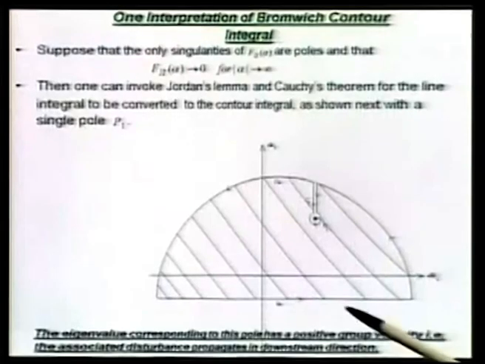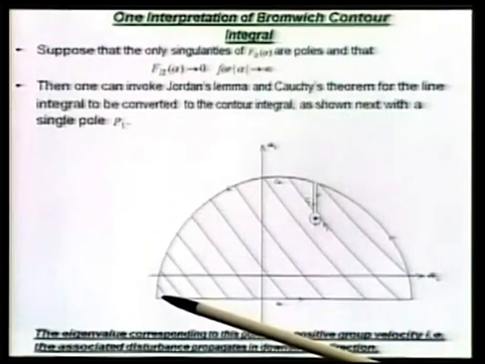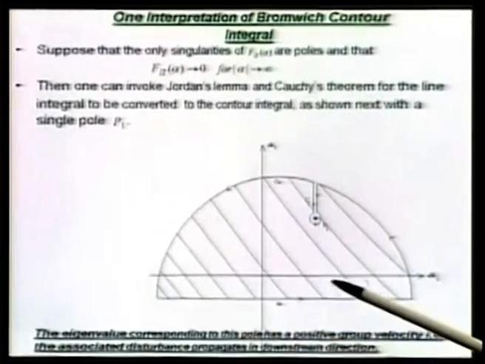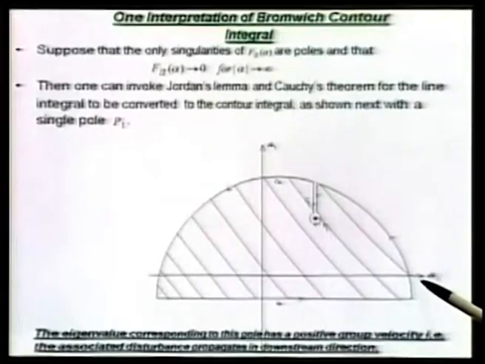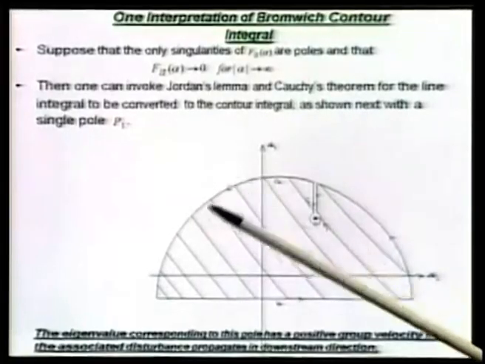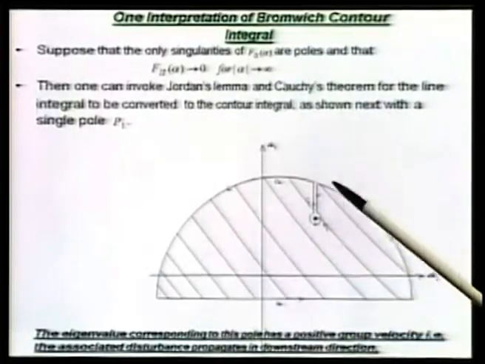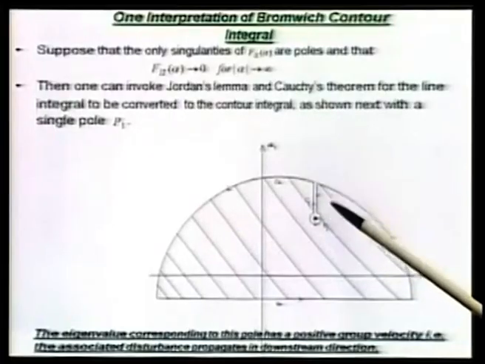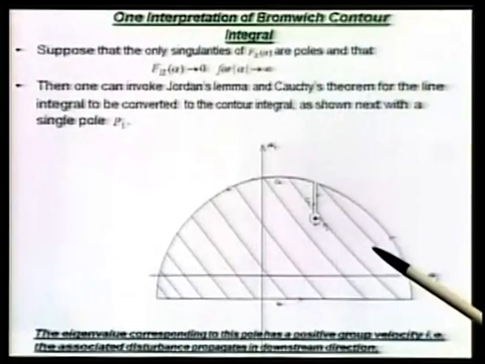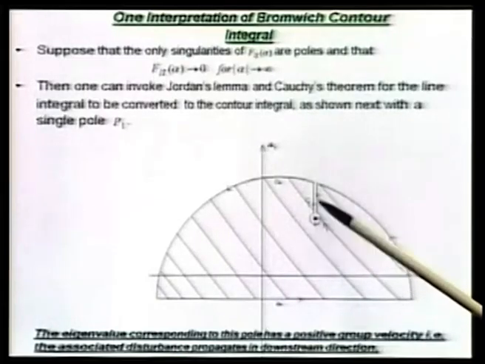Then what happens is, I am performing the Bromwich contour integral from minus infinity to plus infinity like this. Now, what do? I can close it like this, and because this is a pole, I will have to isolate it. I indent the contour, and go around.